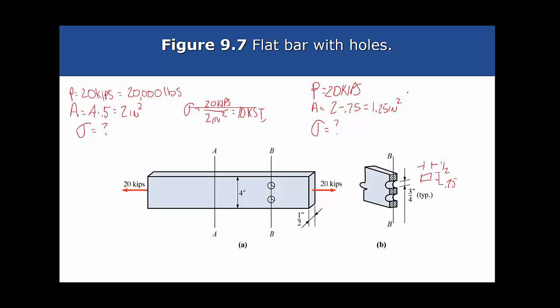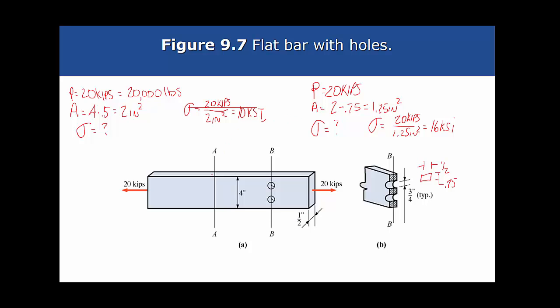This one, same thing but different, right? 20 kips divided by 1.25 square inches. Oh, I'm going to have to look in the book for that one. Got to cheat, unless I'd have brought my calculator. 16 kips per square inch. Does that make sense?